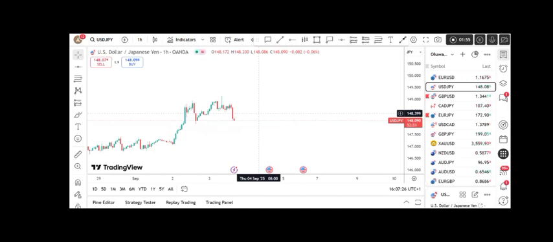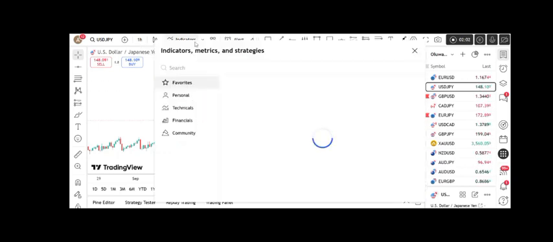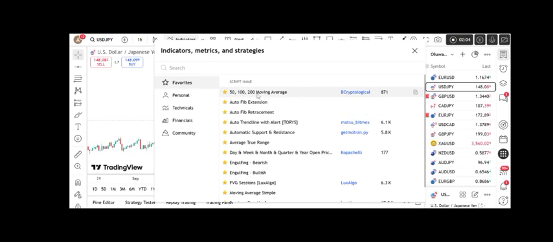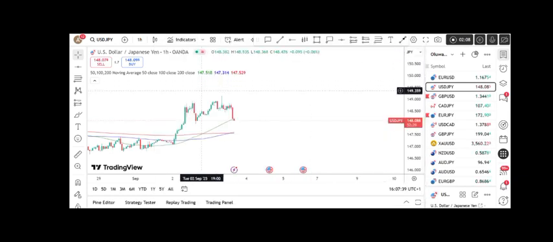So let's use 50 MA to know the trend of this particular market. You use the 50 moving average. So let me change it to 50 MA.